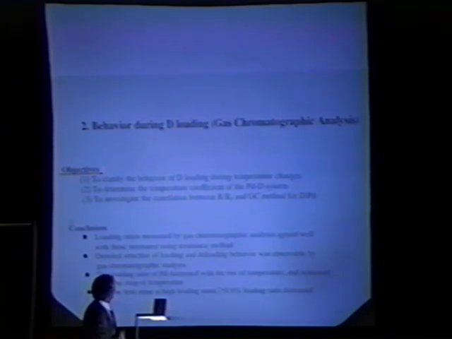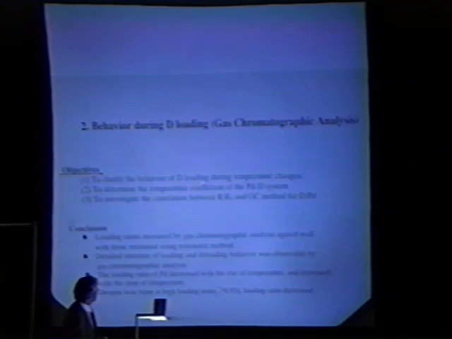The objectives of this experiment are to clarify the behavior of Deuterium loading during temperature change, to determine the temperature coefficients of the plug-in systems, and to observe the correct relation between the resistance method and the gas chromatographic method for the loading ratio.